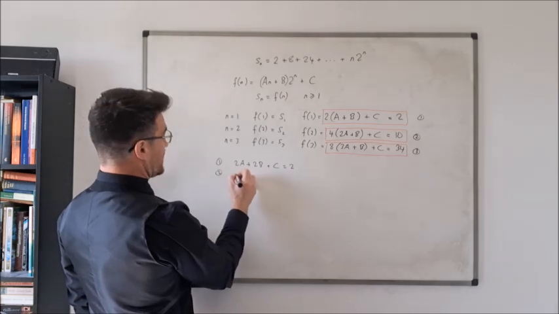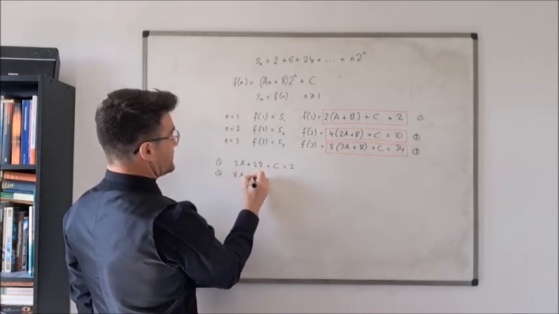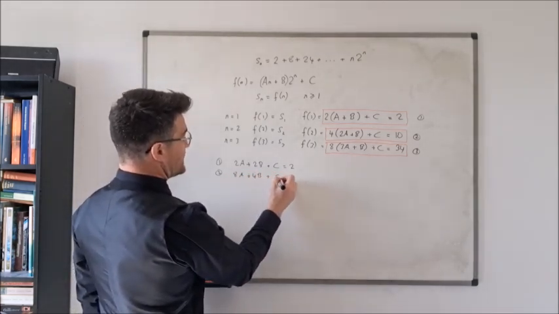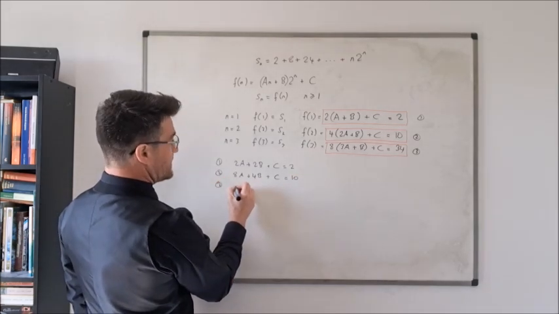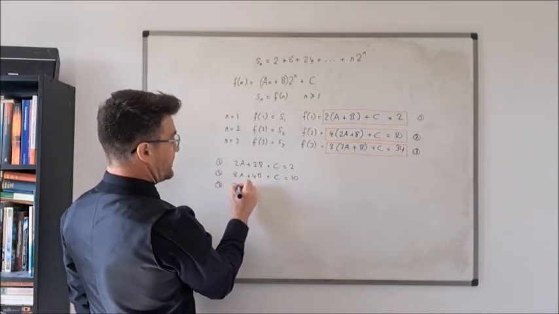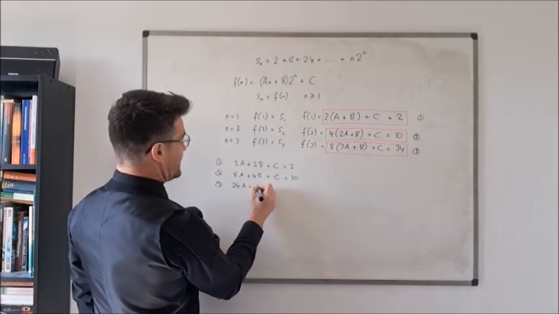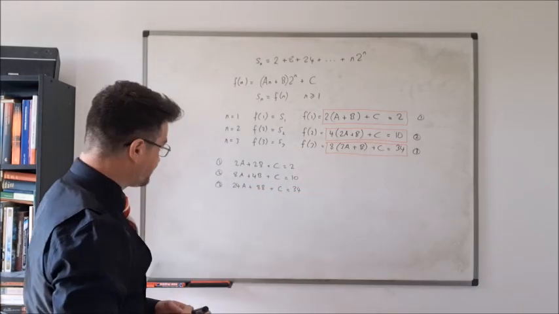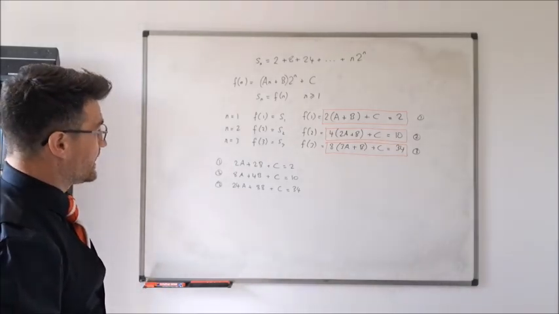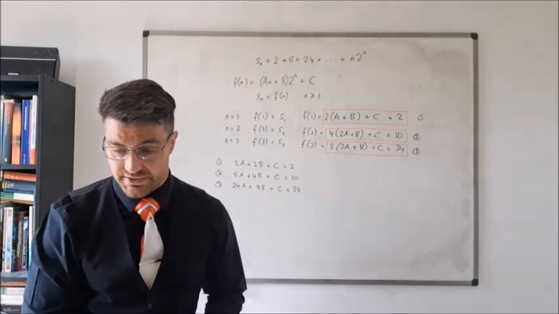Equation 2 is going to be 8a + 4b + c = 10. And equation 3, 24a + 8b + c = 34. Okay, hopefully I've not made any mistakes there.